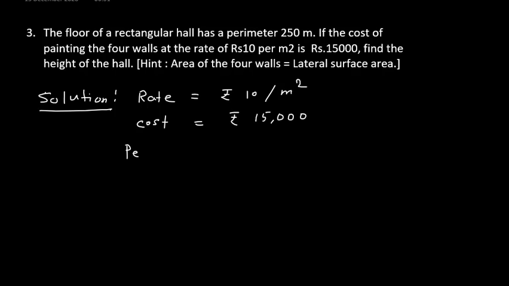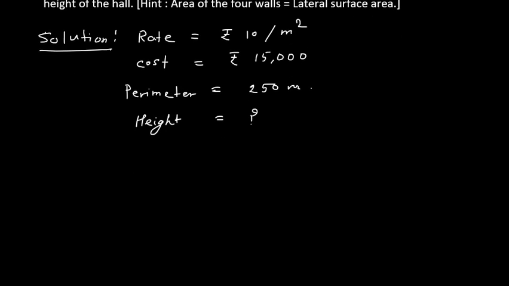Perimeter is 250 meter. This is given and what we have to find? Height. Height is question mark. Now from total cost and rate, I can find out total lateral surface area.